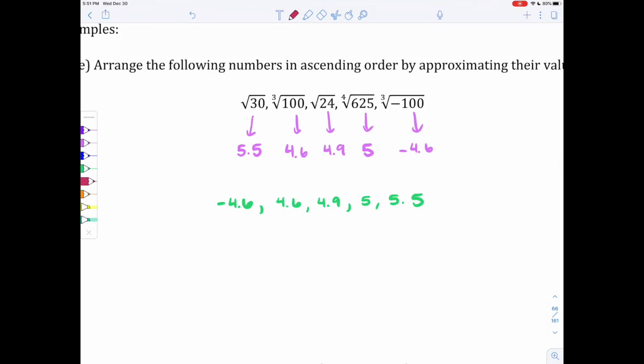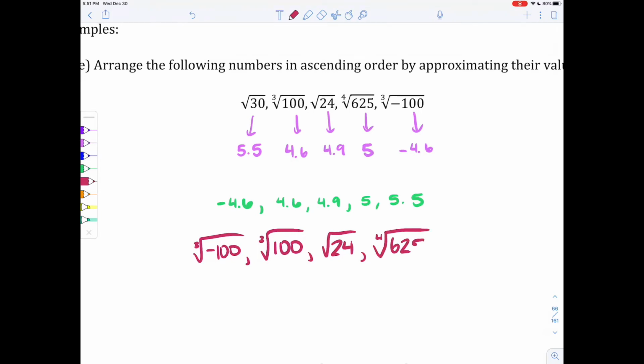Negative 4.6 was an approximation for the cube root of negative 100. 4.6 was the cube root of positive 100. 4.9 was the square root of 24. 5 was the fourth root of 625. And 5.5 was the square root of 30.